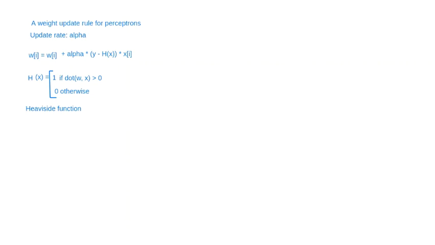Now, alpha, in this case, the training rate or the update rate, alpha can be a constant. So you say, we're going to do 20% of the possible change each time.